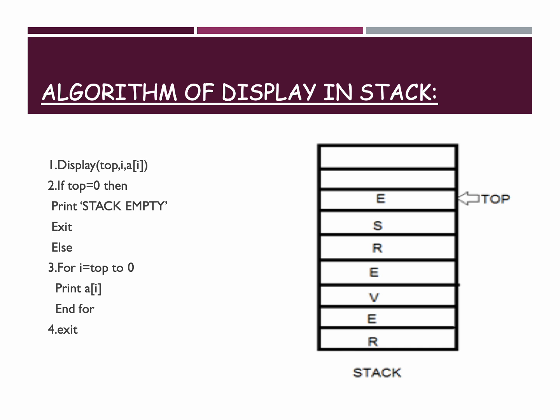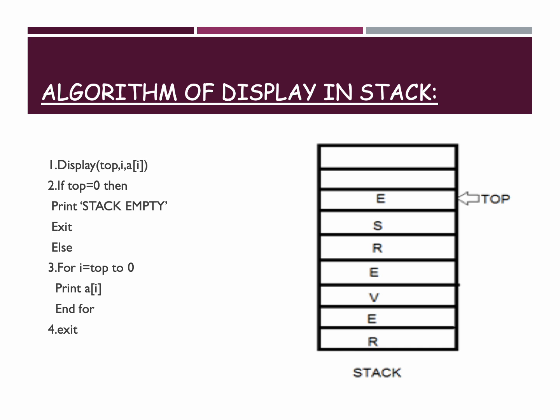So the diagram shows an example stack where the word REVERSE is stored. With the letter E at the top, the display algorithm will print the stack elements starting from E, the topmost, to R, the bottommost. So the key concept here is traversal order.